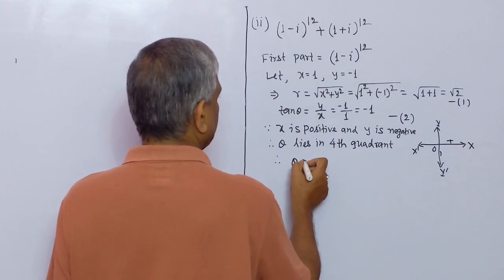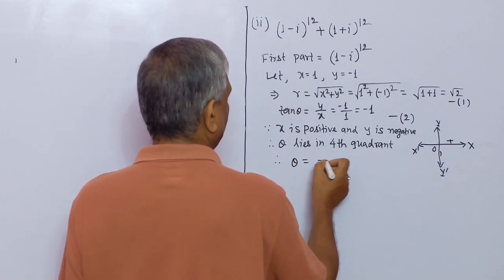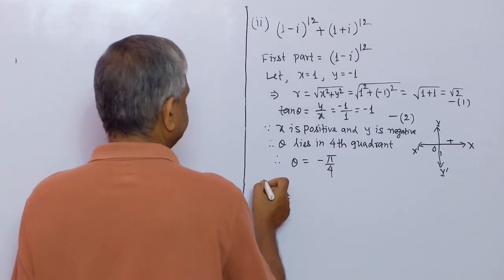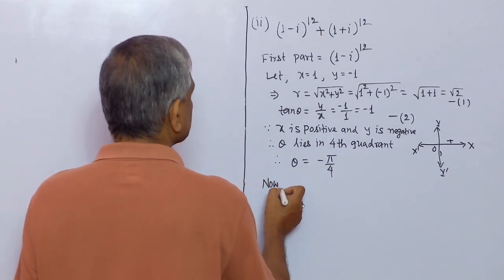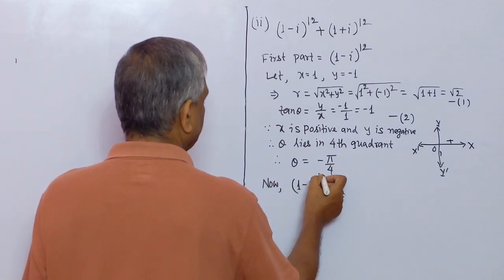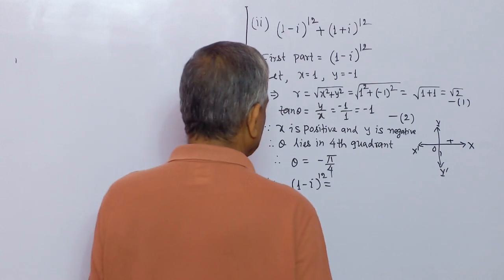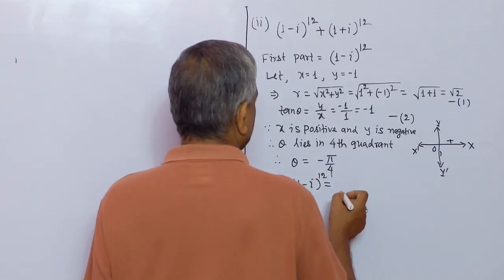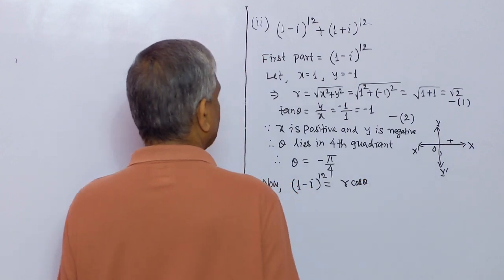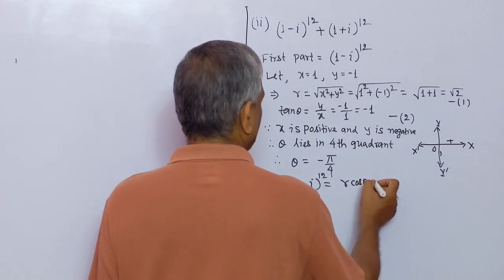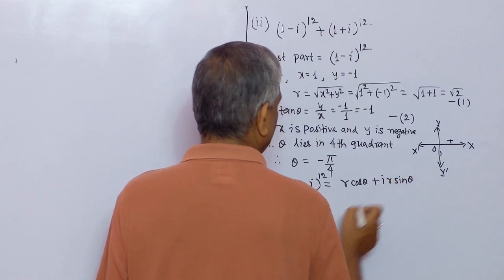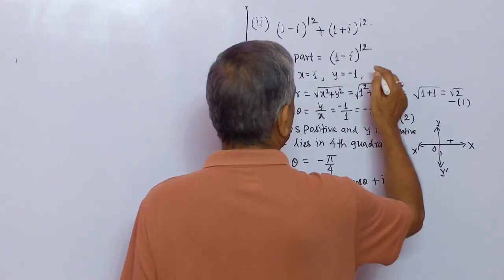Therefore theta equal to minus pi by 4. Now (1 minus i) to the power 12 equal to, here x is r cos theta plus i r sin theta, y is r sin theta.